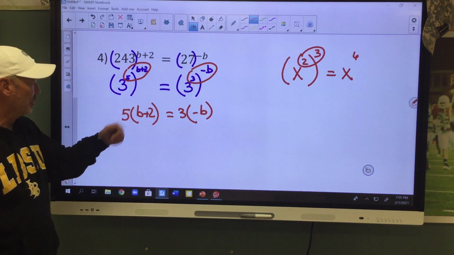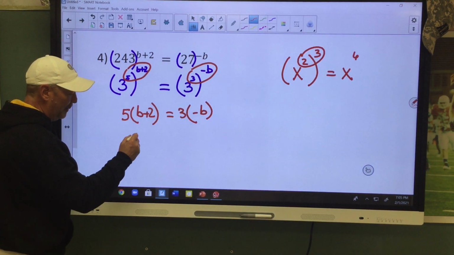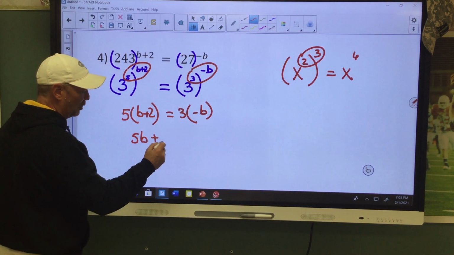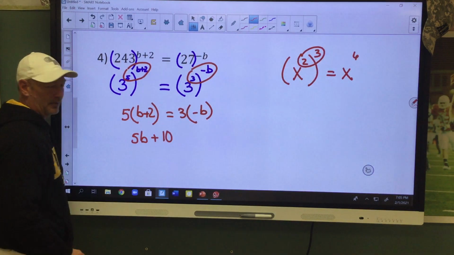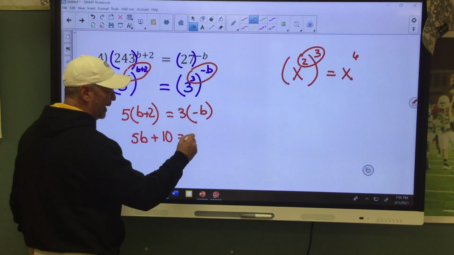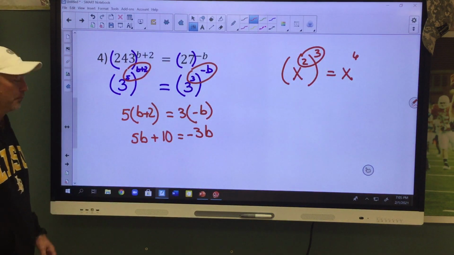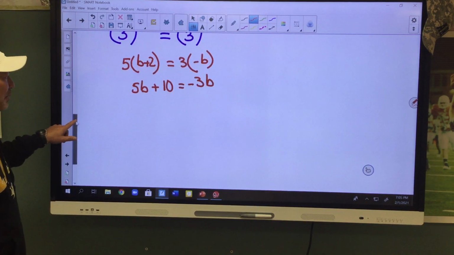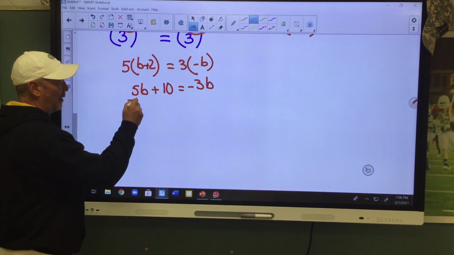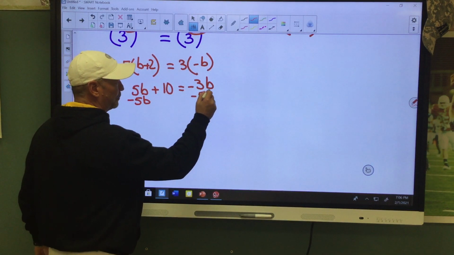Okay? We distribute, and I get 5 times b is 5b. I distribute, and I get 5 times 2 is 10. Equals, and when I multiply, I get a negative 3b. All right, let's bring this down so you can see it a little bit better. I'm going to move the 5b. I'm going to go minus 5b, minus 5b.